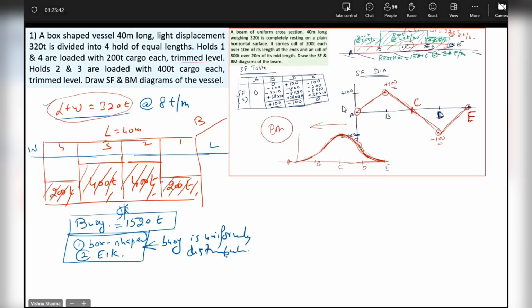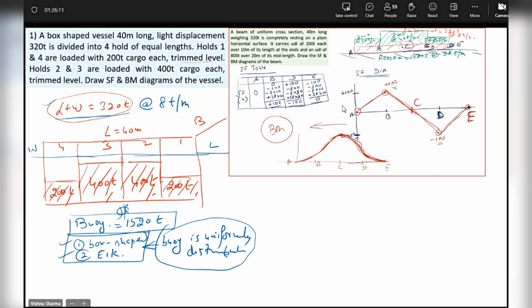So if it's a box-shaped vessel and you cut it into lengths of say 10 meters each, every section from forward to aft will displace the same volume, because the cross-sectional area is the same and the length is the same. So each portion is exerting the same buoyancy. So we can say the buoyancy is also uniformly distributed. Why? Because it's box-shaped and even keel.